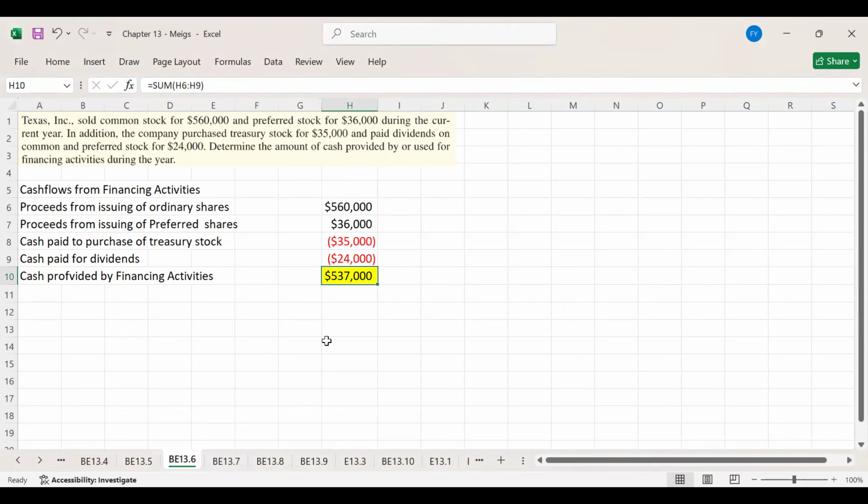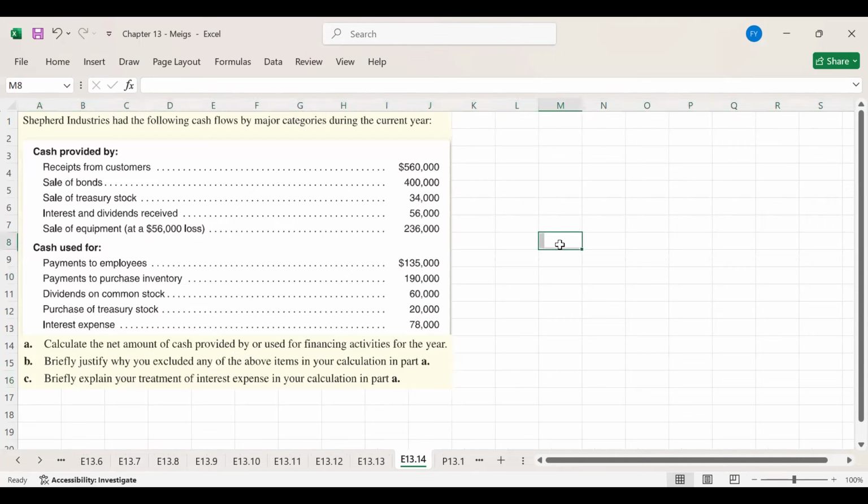The next, which we are going to cover in this lecture, is exercise 13.14. Moving towards 13.14, here we have this problem.